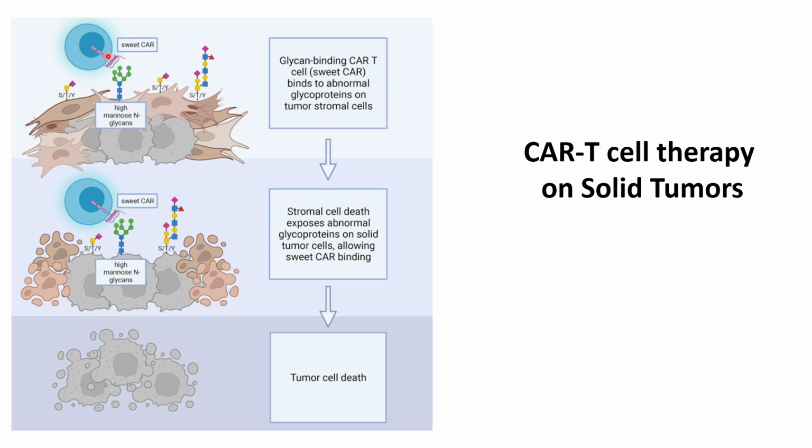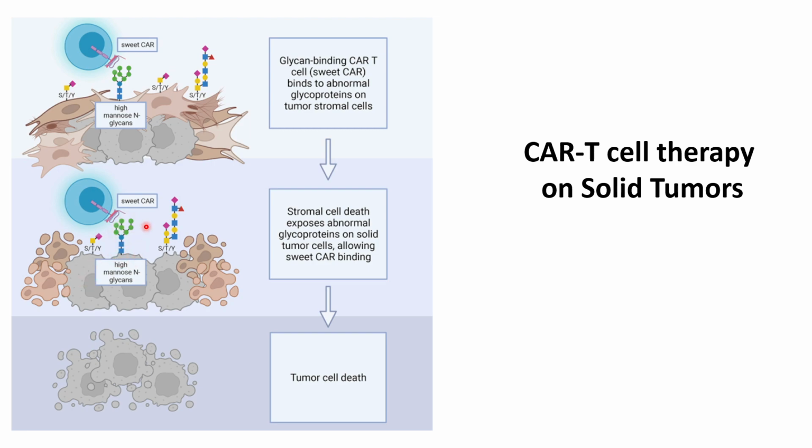Those glycoproteins need to be targeted by this sweet CAR, so that whenever there is a solid tumor in the patient, the sweet CAR will be able to detect it with the help of this abnormal, unique, signature glycan that is present only on the tumor cells, and then it can activate the immune response to target those solid tumors.